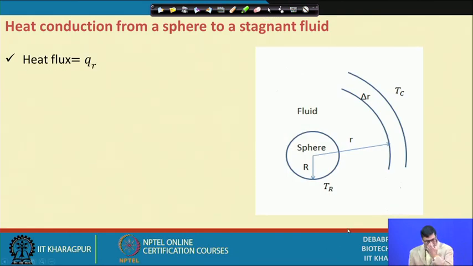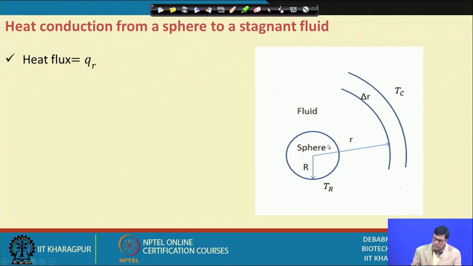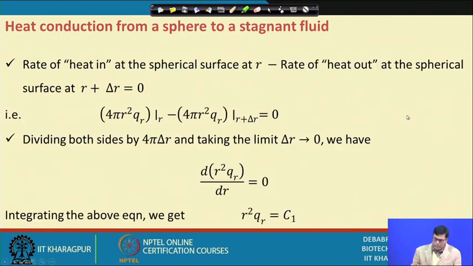So, this is how we can do that. This is the sphere, and this is the fluid that we have. This is R, and this is T c, and T R is the temperature at the surface. So, the rate of heat in at the spherical surface r, and rate of heat out at the spherical surface r plus del r, should be equal to 0, and this can be represented like this.